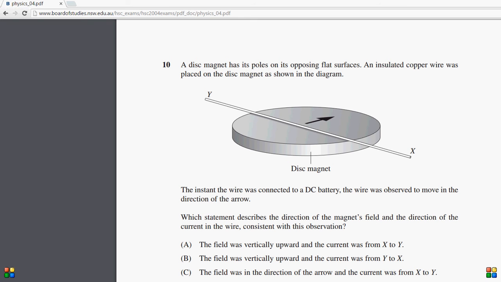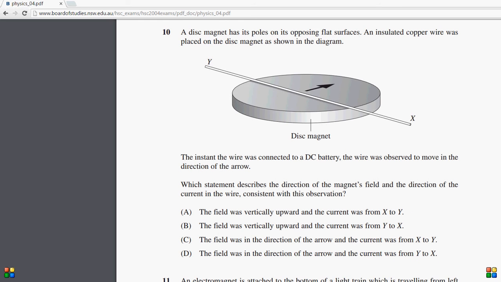A disk magnet has poles facing opposite surfaces and insulated copper wire. The instant the wire is connected to a DC battery supply, the wire was observed to move in the direction of the arrow. Okay. Which statement describes the direction of the magnetic field and the direction of the current in the wire consistent with this observation?